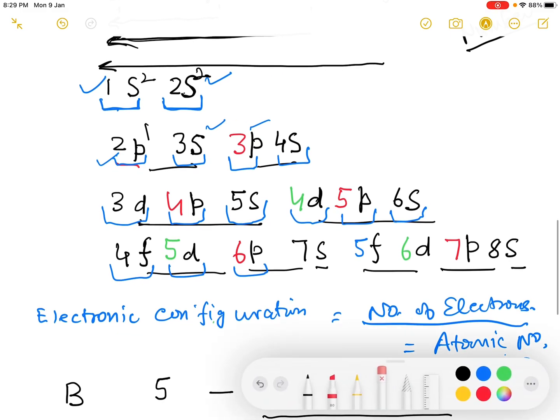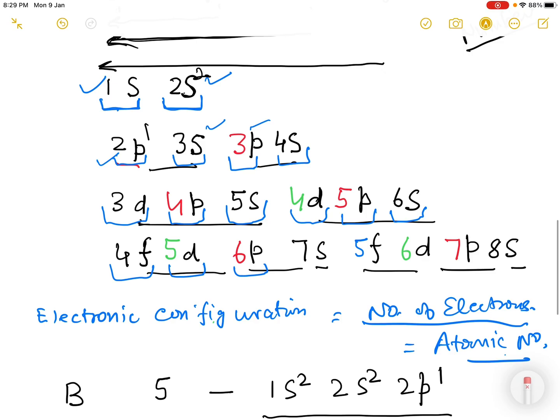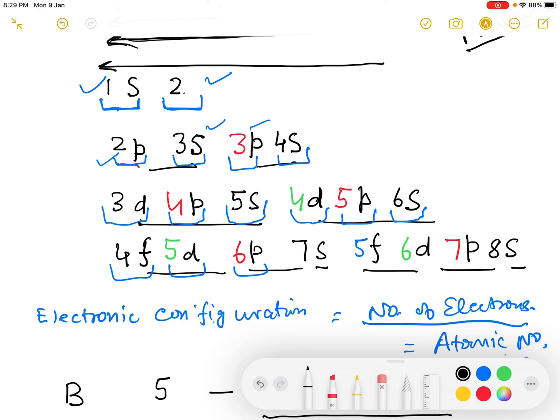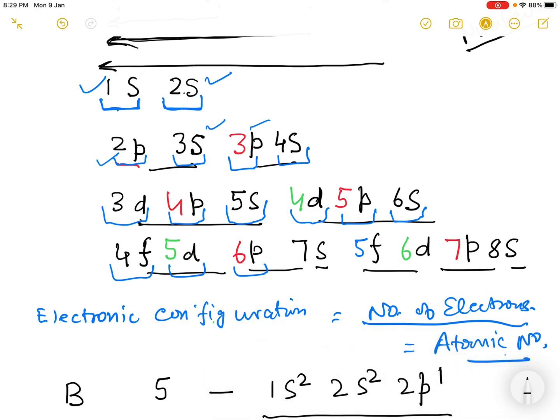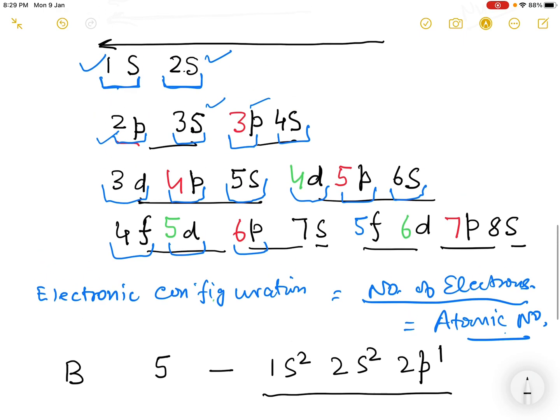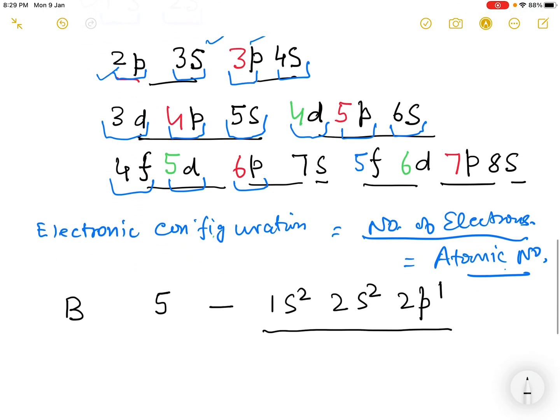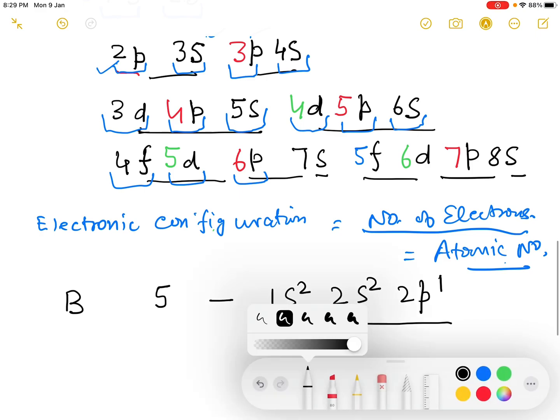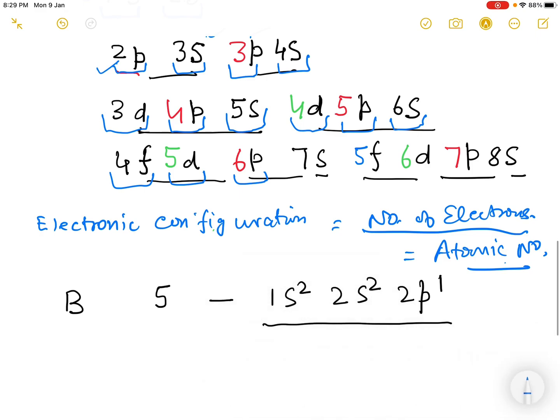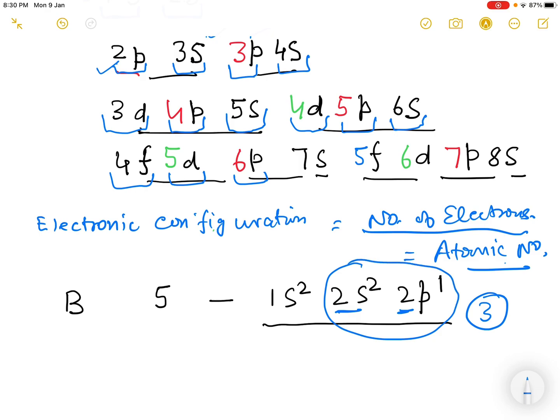So in this order we can determine what the electronic configuration is. Now with this electronic configuration we can say that the number of electrons in the outermost orbit is 3. Here 2 is the maximum number, and in this second shell we have 2 plus 1, 3 electrons.